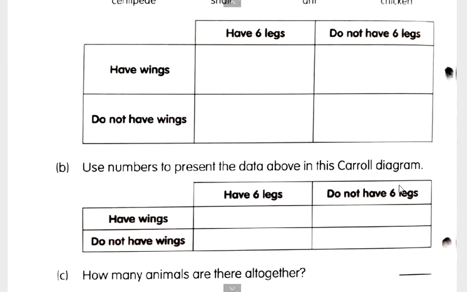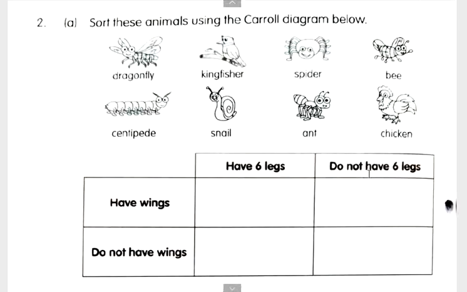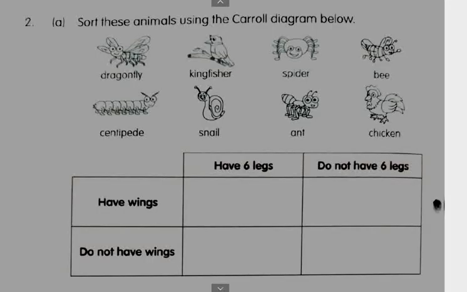Alright, so just put the name here, yeah, just put the name. Like for example, I will give you for the first table, what are the animals that have wings but have 6 legs?